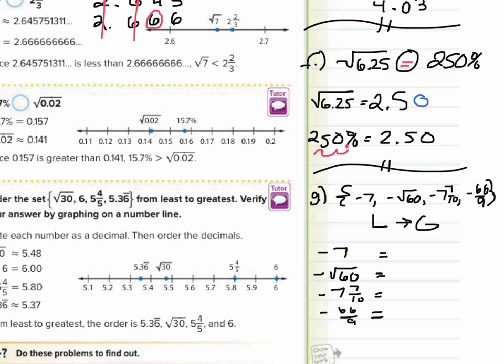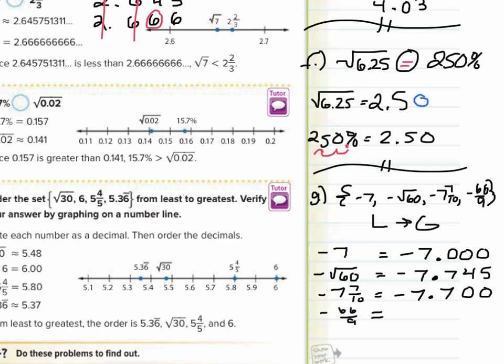Now, -7, that's just -7.000. Now, the negative of the square root of 60 is -7.745. -7 7/10 is -7.7, and we'll bring in the 2 zeros as placeholders.